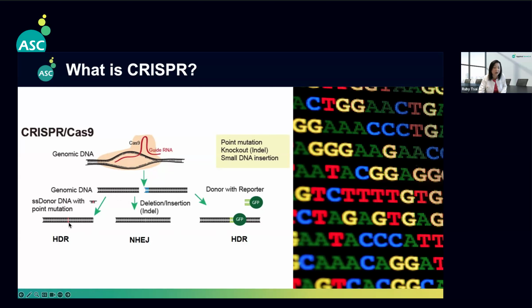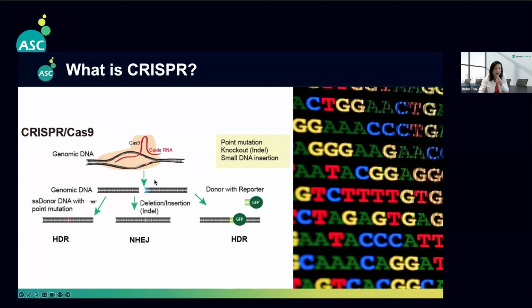So that really results in insertion of the donor DNA. And if there's no donor DNA present, this double-stranded DNA break will cause indels, that is deletion or insertion, and then basically, in most cases, will cause a knockout, a frame shift of a gene. So that's how CRISPR works.